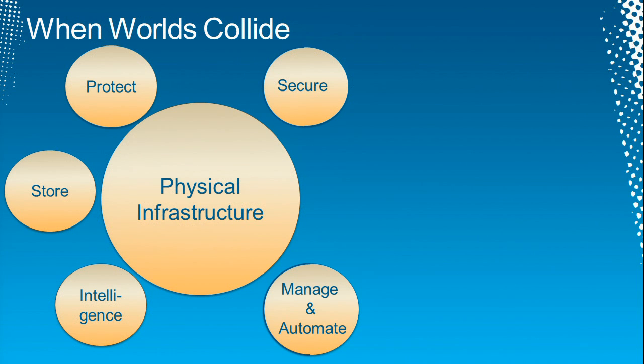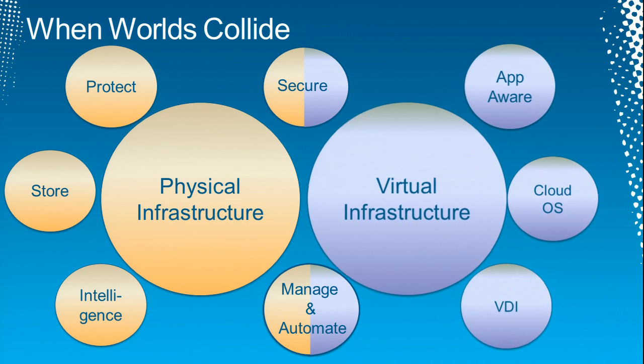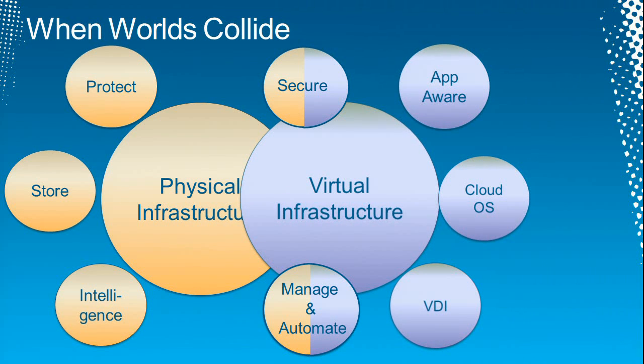If you look at it today, physical infrastructure has many different supporting components, right? You need to not only store the data, but once you have it stored, you need to protect it, secure it, provide some intelligence around it so that you can find it, and ultimately manage and automate that data. The virtual infrastructure has some components that overlap with this, right?